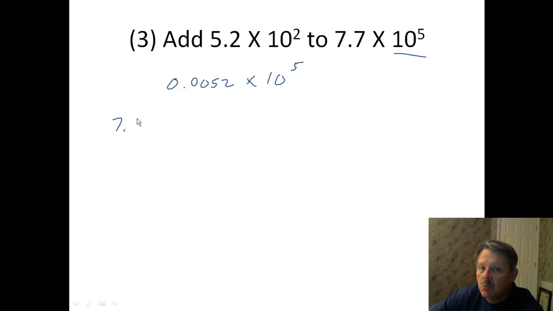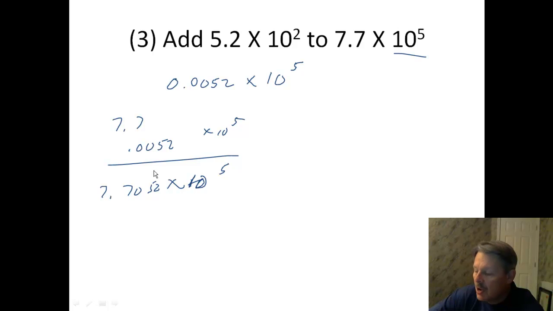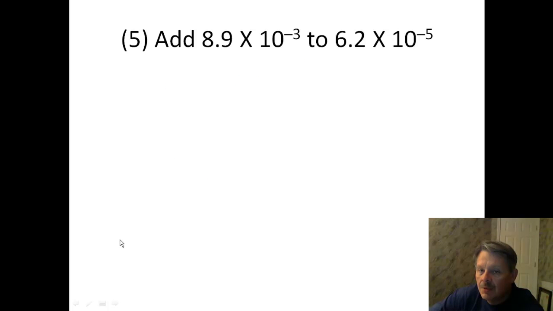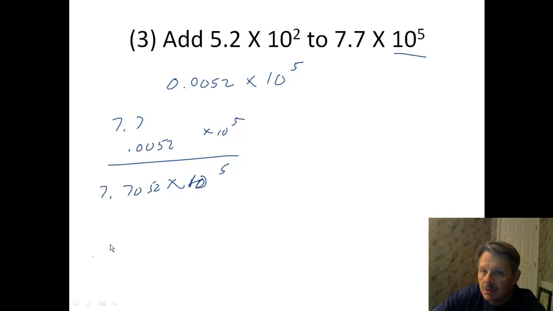So if I take 7.7 and I add it to 0.0052, and these are both times 10 to the fifth, my answer is going to be times 10 to the fifth, and it's going to be 7.7052. Let me try something just for grins, so give me a second. Okay, that did not work. All right, 7.7052 times 10 to the fifth. All right, let's keep going.